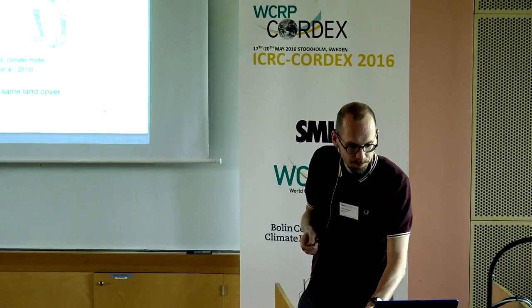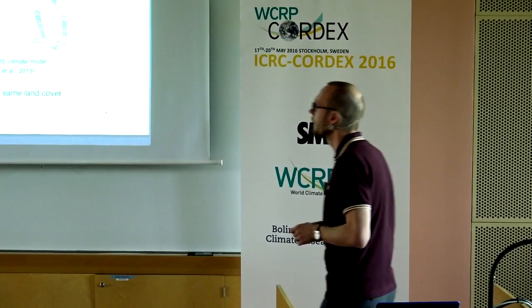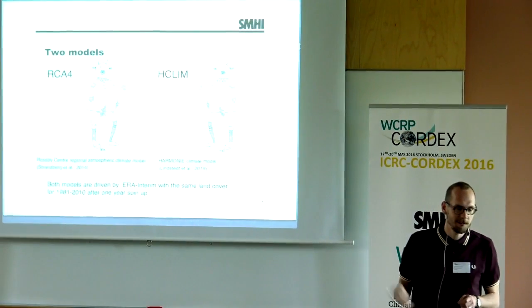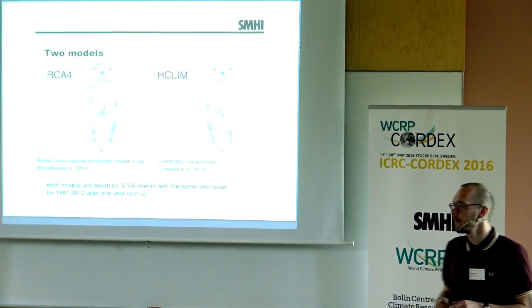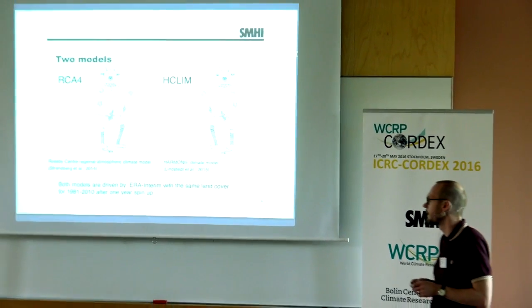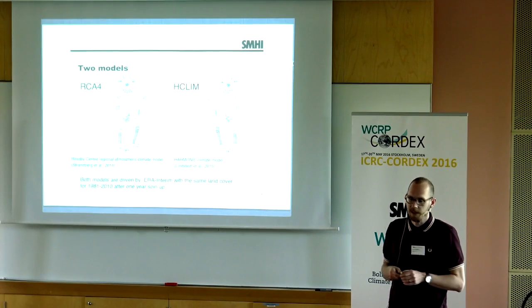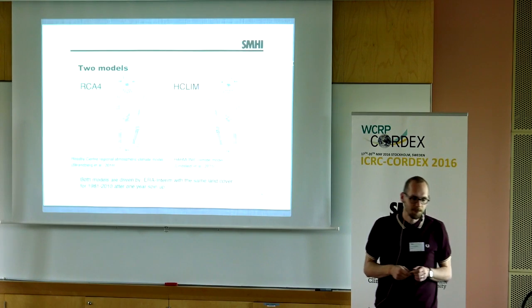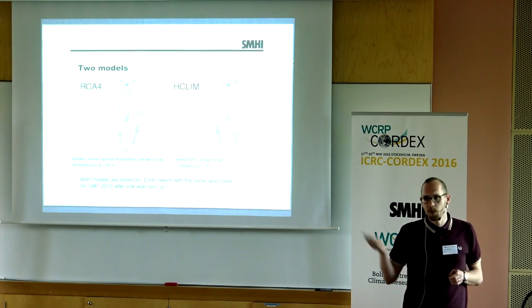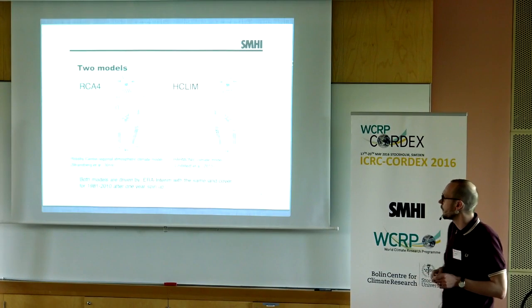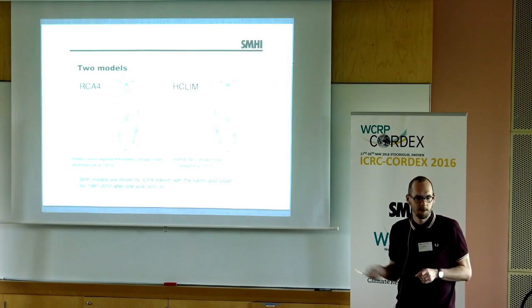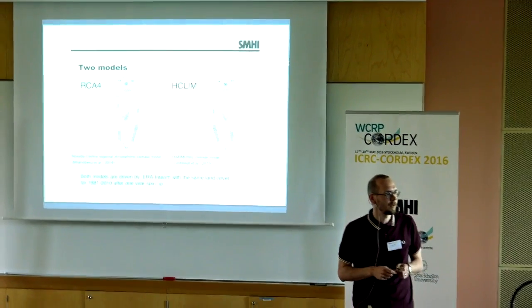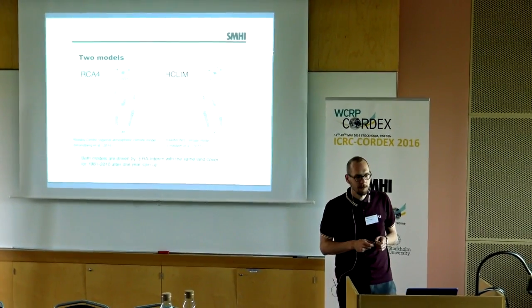To do this, to help me here, I have these two guys, two models. RCA4, that's the Rossby Center regional model, and HCLIM, that is the HARMONIE model in climate mode. Both these models use the same forcing, both are driven by ERA-Interim data for 1991 to 2010 after 1 year spin-up.